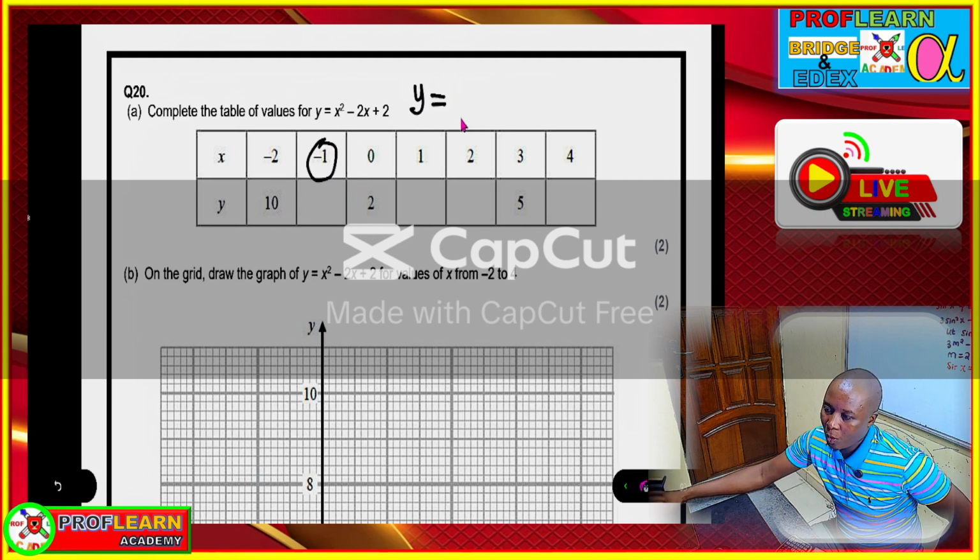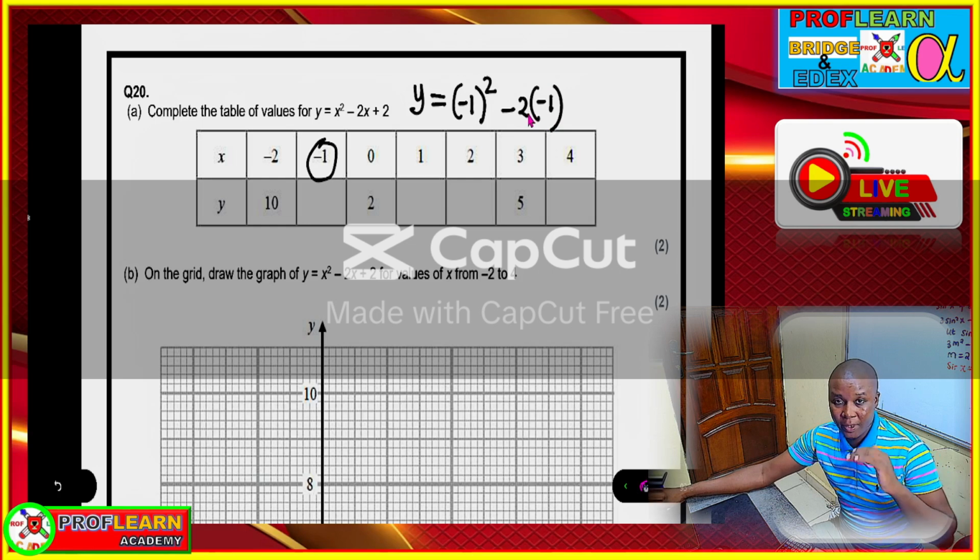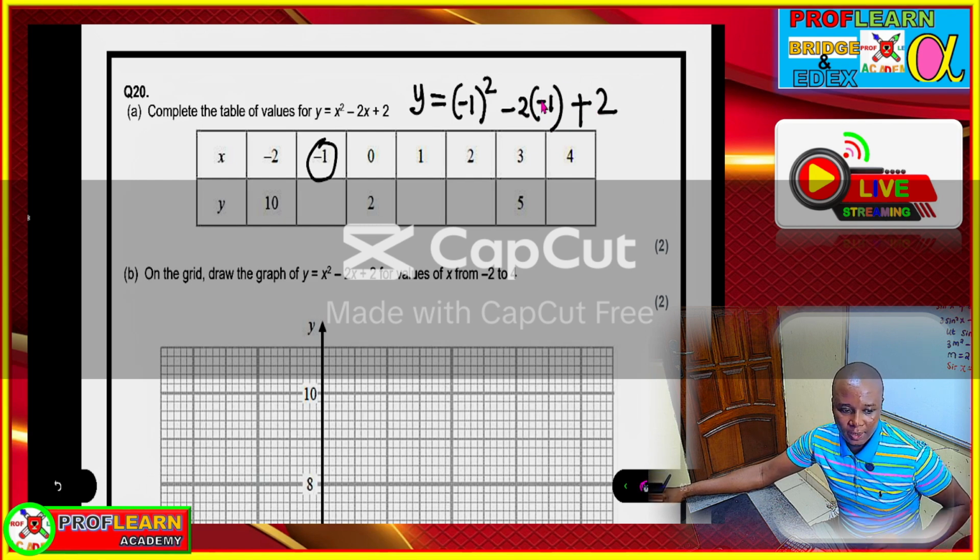I want you to open the bracket in your calculator, then you write -1, close the bracket, then squared, -2, open the brackets, -1, close the bracket. When you are inputting that in your calculator, that's what I expect you to do. Then you say +2.